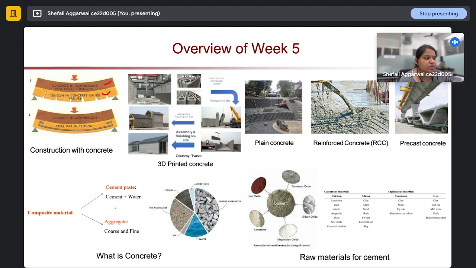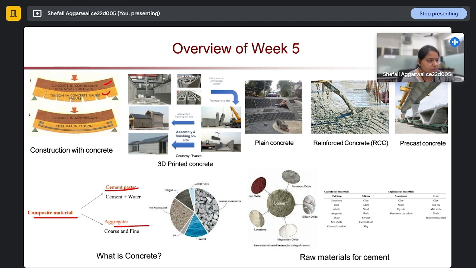So next, what exactly is concrete? Concrete is a composite material composed of mainly two things. First is the cement paste, which has cement and water, and then aggregate, which is usually classified as coarse and fine aggregates. So this is a chart showing the main components of our concrete.